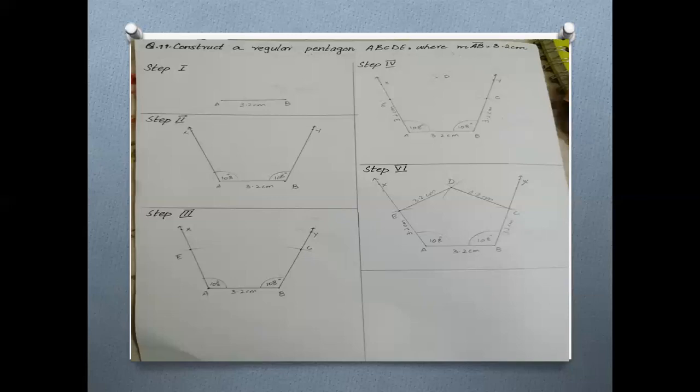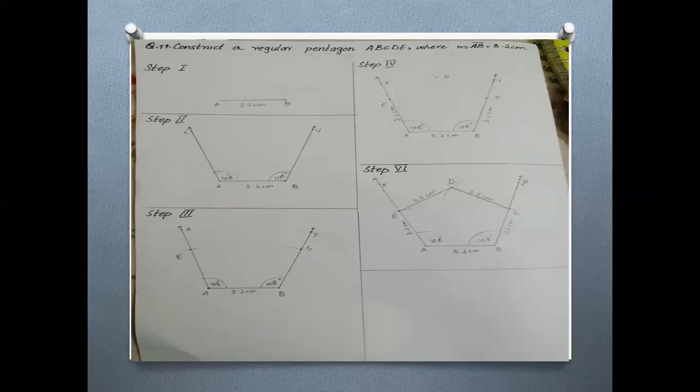Come to the next step. Don't change the radius of the compass. Now put your compass on point C and draw an arc. With the same radius, put your compass on point E and cut the first arc.